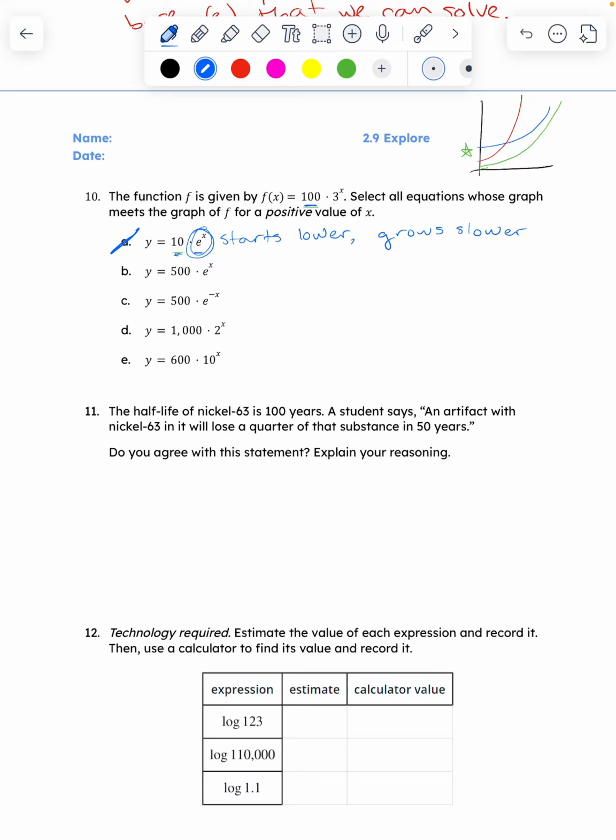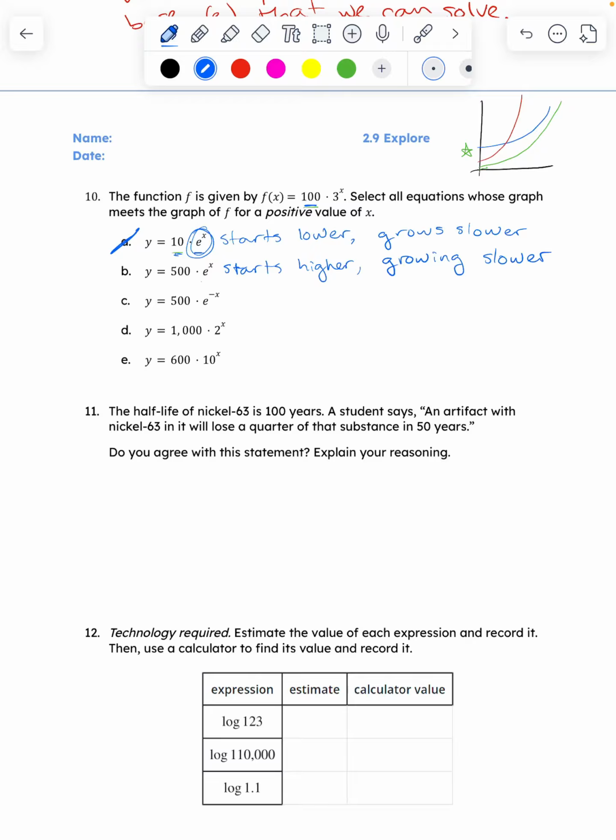Now that we see the logic, it's not as bad to think through the rest of them. For instance, with b, is it going to start lower or higher? Well, it's going to start higher, because my 500 is greater than my 100. But it's still growing at that e to the x growth rate, so it's still growing slower.